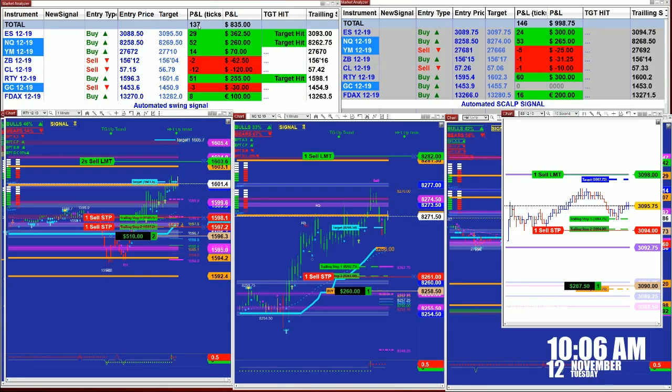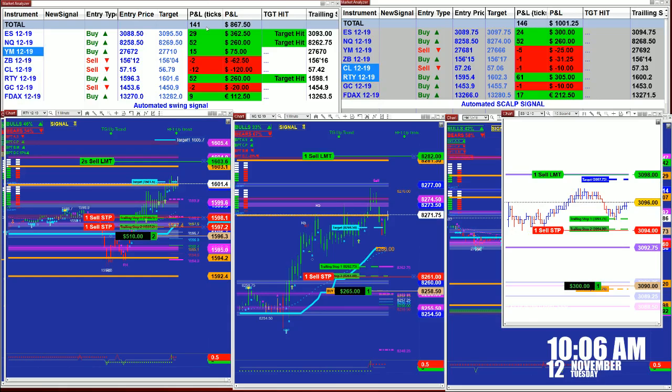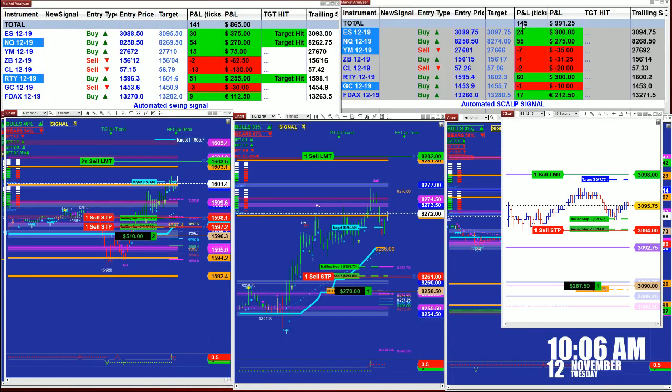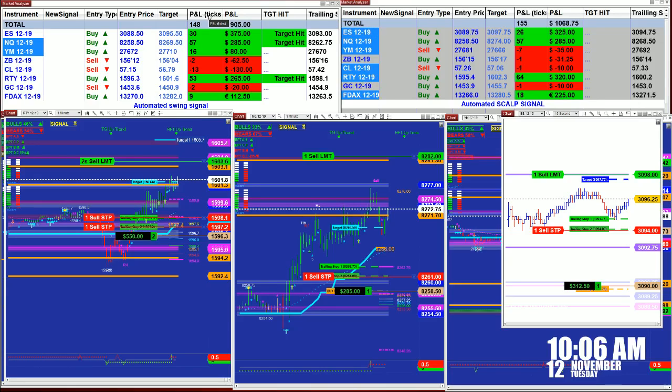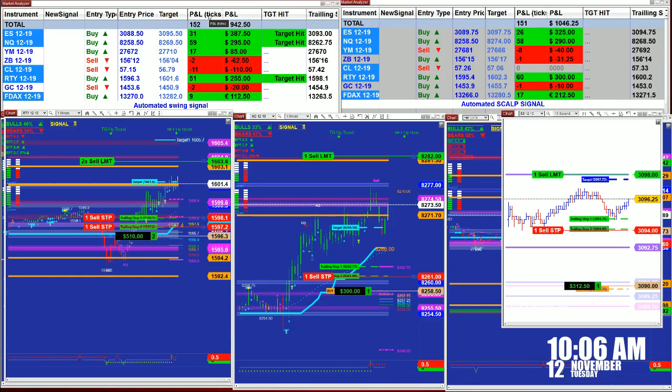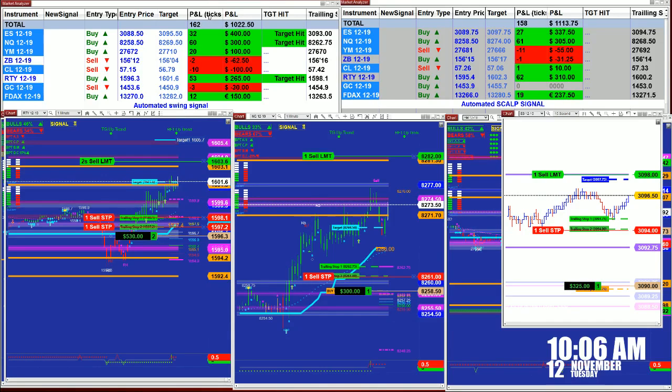At the moment, the total in the ticks is 135, 140 in the ticks, and the scalper 147. So they are both the same numbers between the scalpers and the swing trading, because the market is not really moving that much. As we see, this is a re-entry on the NASDAQ, and there is no short on the NASDAQ at the moment.